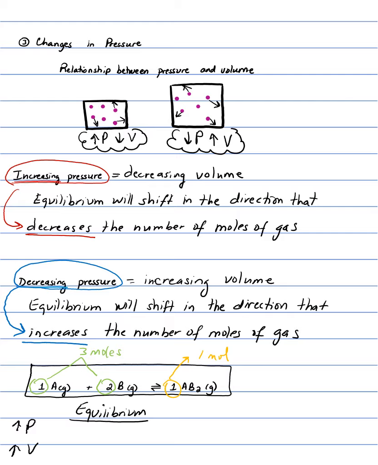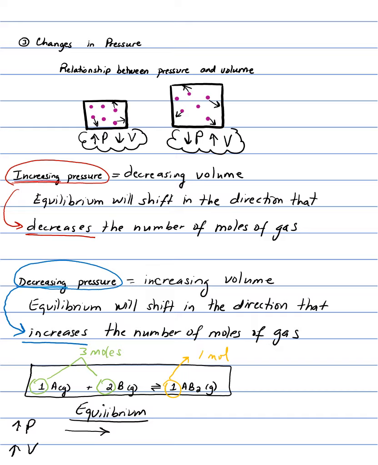So in this specific example, the equilibrium will be shifted towards the right side, which is where you have a smaller number of moles of gas. In that way, since now the equilibrium is shifted towards 1 mole of gas, the number of collisions will decrease and the pressure will also decrease.